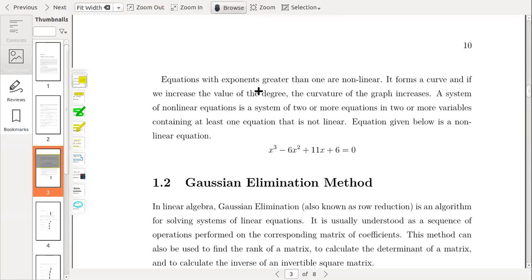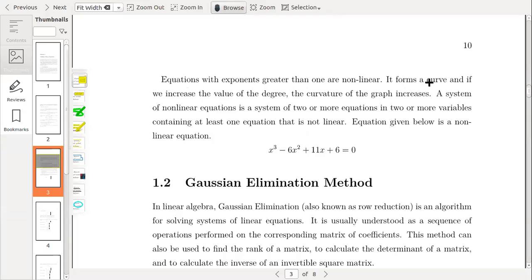Equations with exponents greater than 1 are nonlinear. So that is very clear. If the variable involved in the equation has power 1 or exponent 1, then we call it a linear equation. And if the power or exponent of the variable is greater than or less than 1, then the equation will be nonlinear.